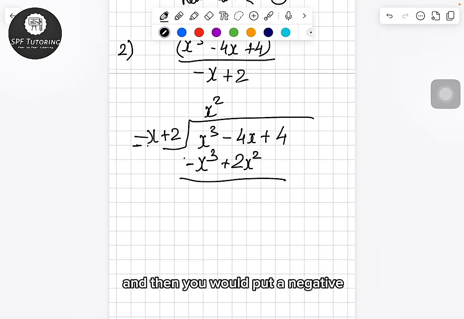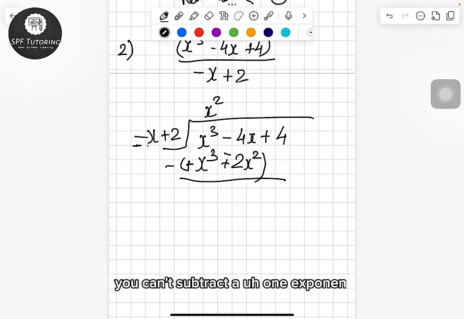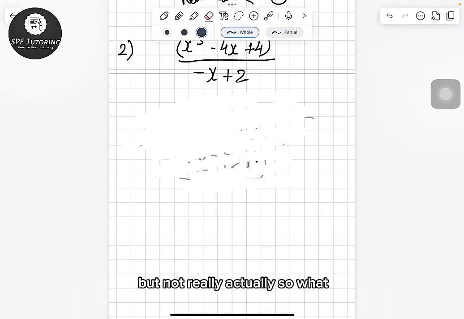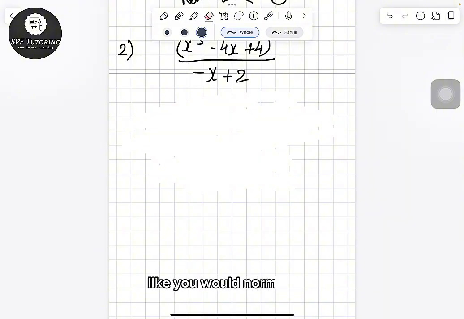And then you would put a negative, because we never forget about the negative. Then this becomes positive, this becomes negative. You can't subtract a term with one exponent from a term with a different one. But no, really, you don't solve it like you would normally do.